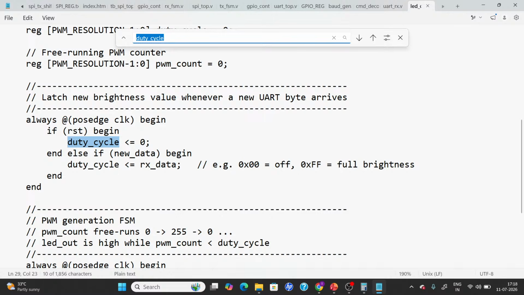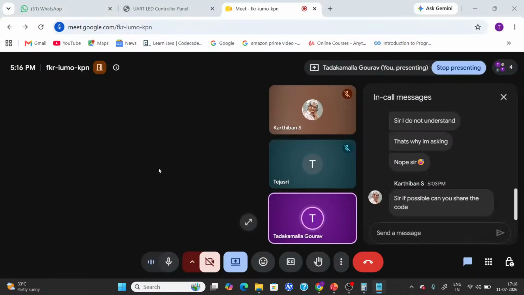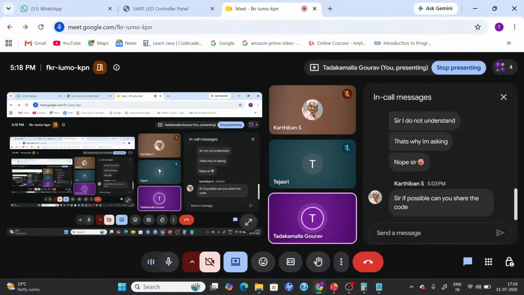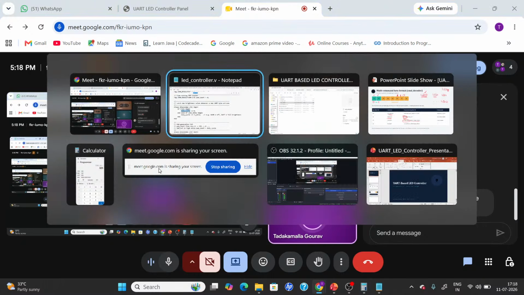How are you going to adjust your LED, on what basis? We are going to provide the voltage or not provide the voltage. If you provide the voltage, the LED will be on, and if you don't provide the voltage, the LED will be off. That is what we are going to do over here.